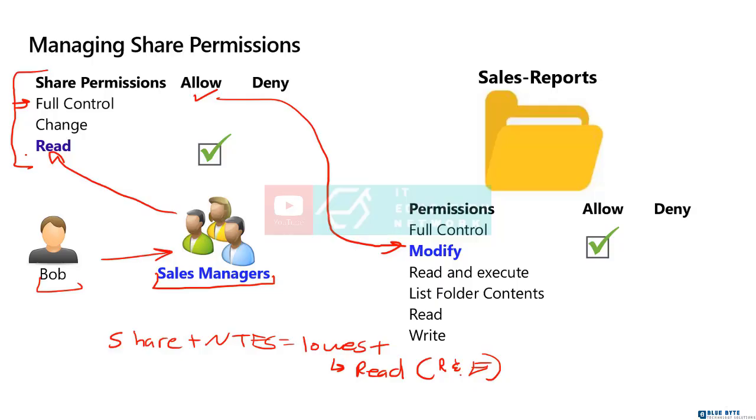Now, an interesting fact, up until Server 2008, Microsoft assigned the Everyone group full control by default, and they said, don't worry about the share permission, make sure you set your NTFS permissions correctly. The problem that inevitably led to is people messed up the NTFS permissions, and they assigned permissions that were too high.